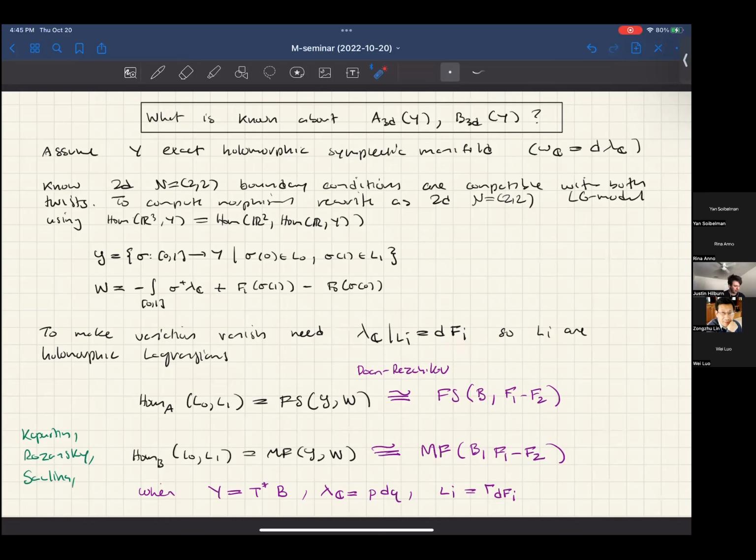And so in particular, that tells you that your L_i are actually exact holomorphic Lagrangians. So those are some particularly nice objects that we definitely expect to be around.